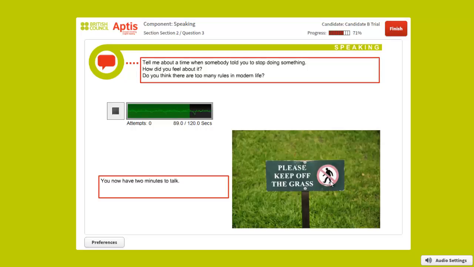But here you can look at the sign itself. Yes, something you like to do on the grass and you are forbidden. Speak about your feelings here and relate this to the role of rules in our modern life. Anyhow, don't stop before the time, because he gave you the 2 minutes, 120 seconds, to answer the 3 questions that you started with.